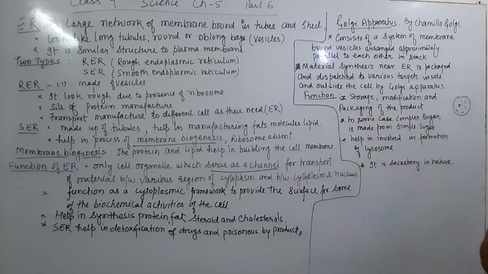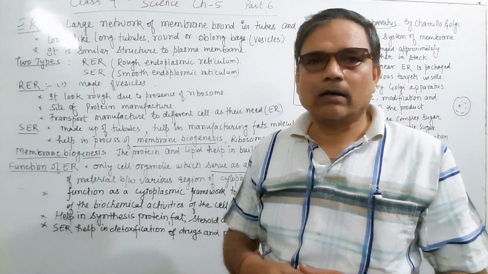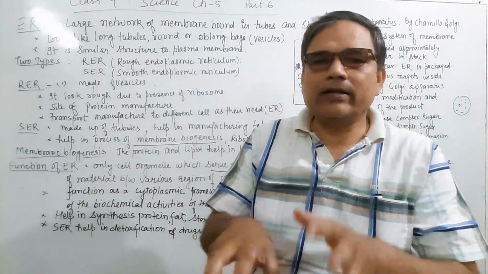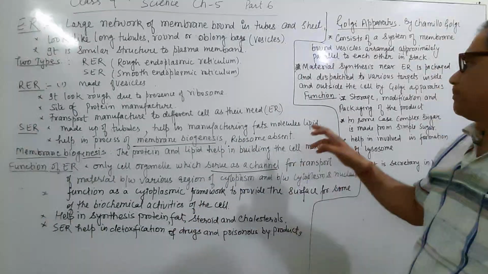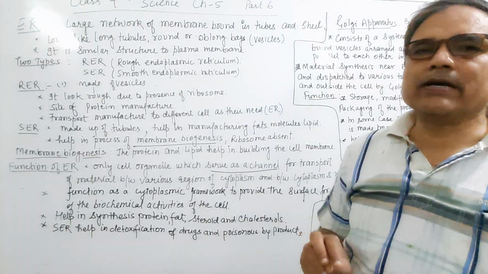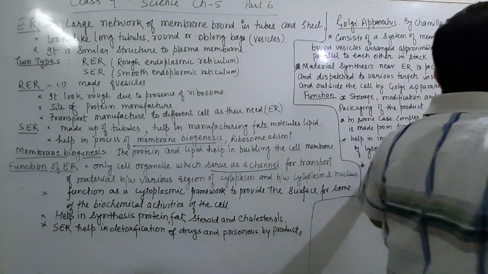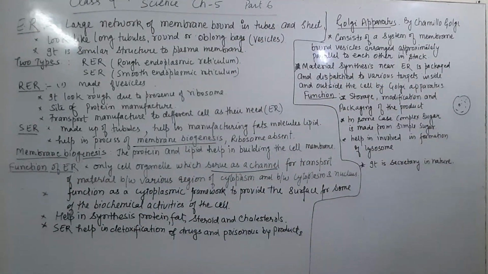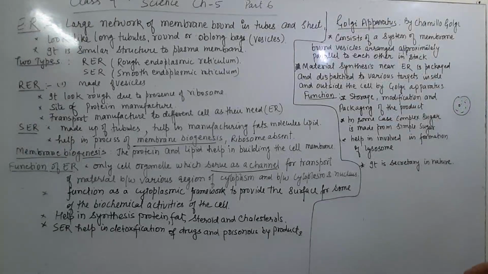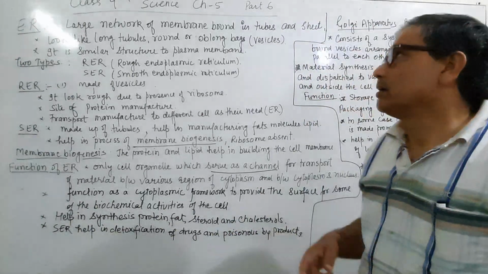If any product is to be stored, packed, dispatched or modified, that is done by the Golgi apparatus. Second, in some cases a complex sugar like starch is made from simple sugar by the Golgi apparatus.